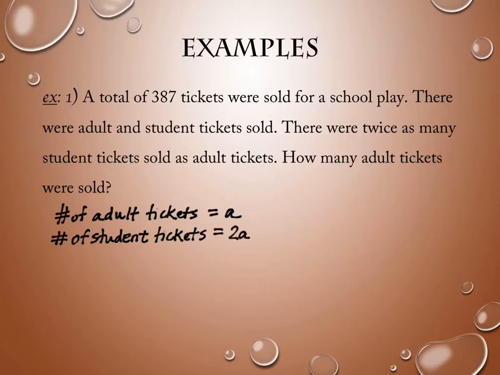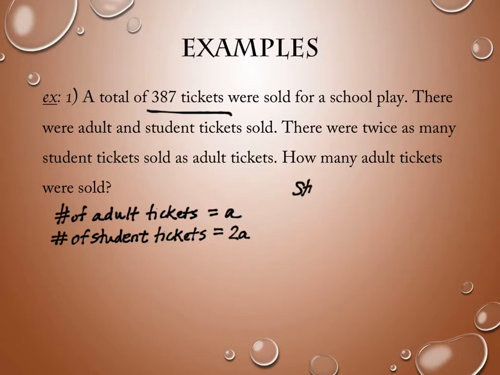Okay, is everybody good so far? All right, what other piece of information will we need to use that we were given? Yeah, 387 tickets were sold. So how can I use that piece of information plus the variables that I've constructed to create an equation? Right.